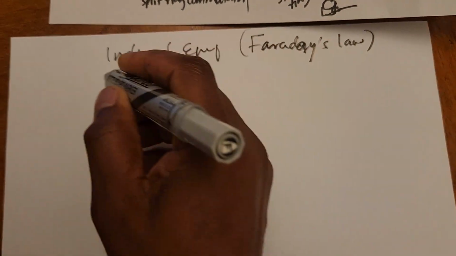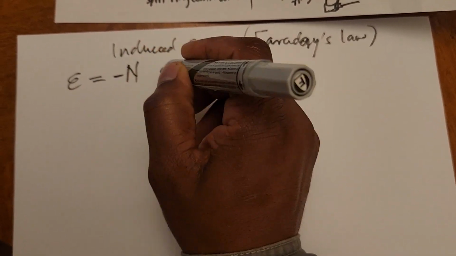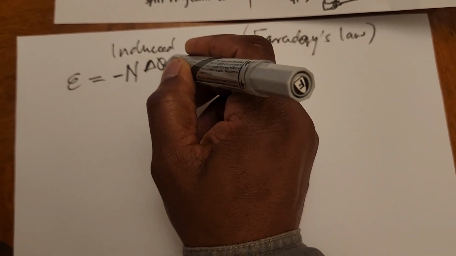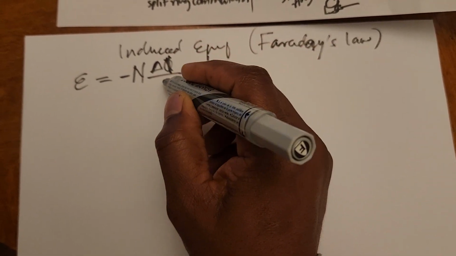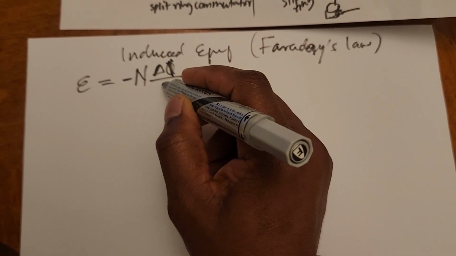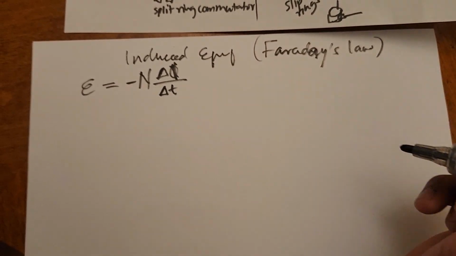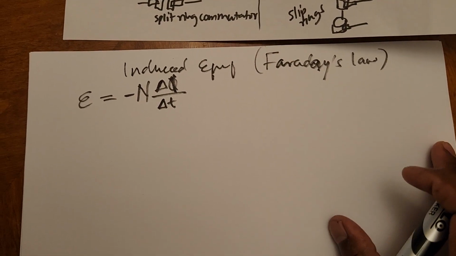If you still remember from grade 11, Faraday's law is talking about the relationship between the flux linkage and the rate at which the flux linkage changes, now in a generator.